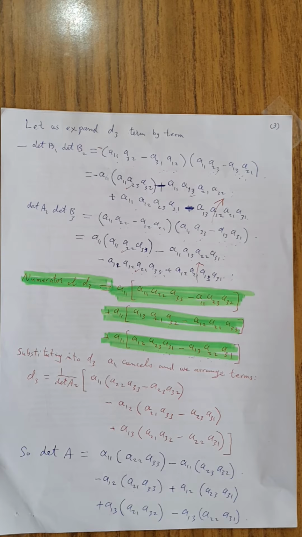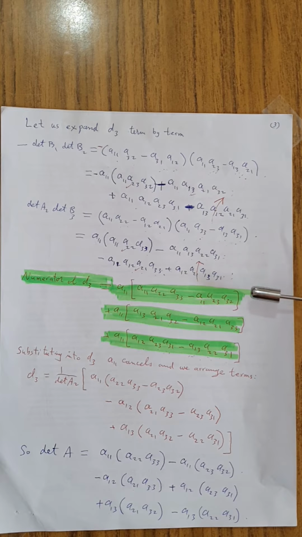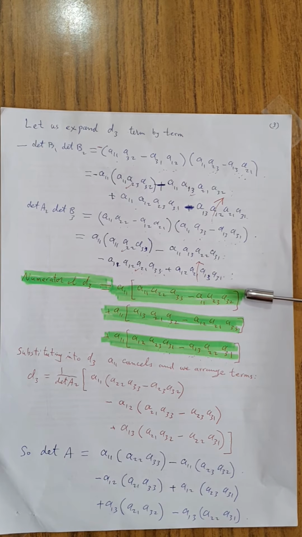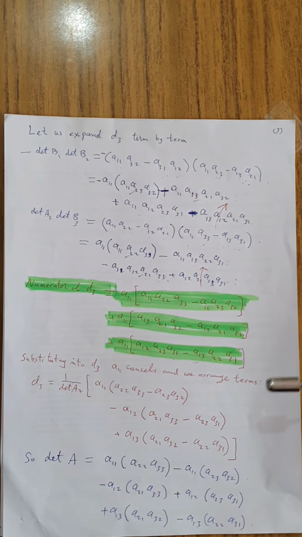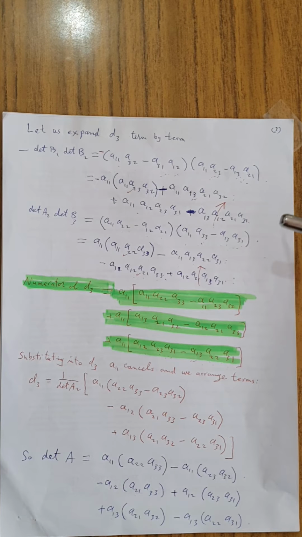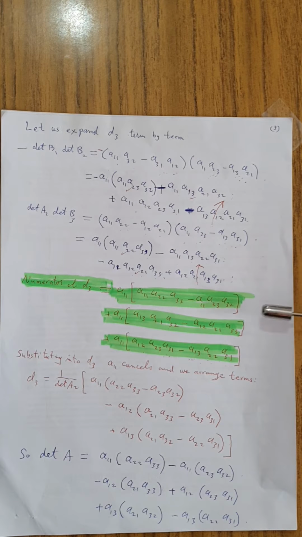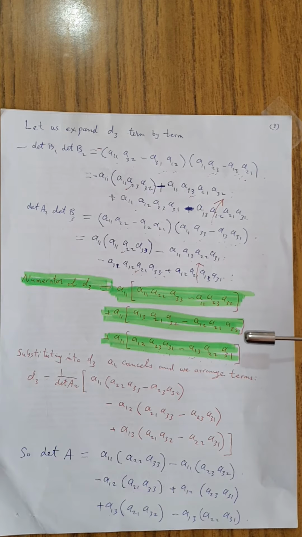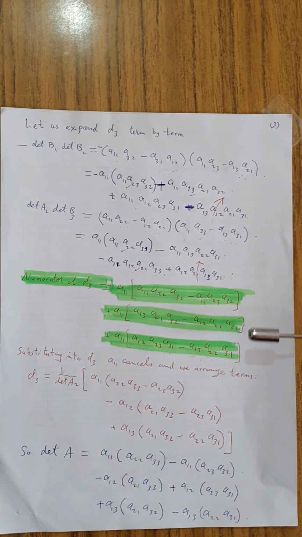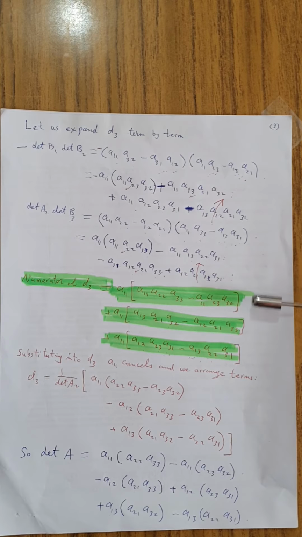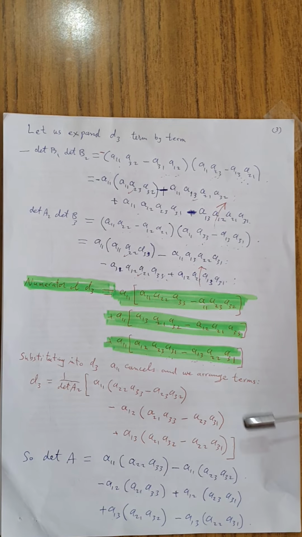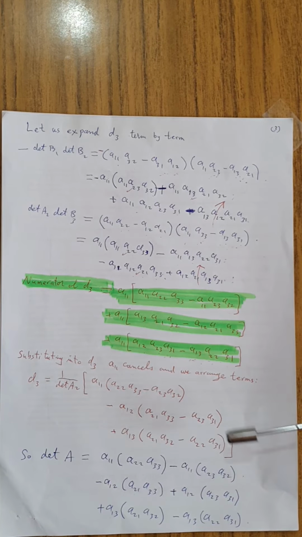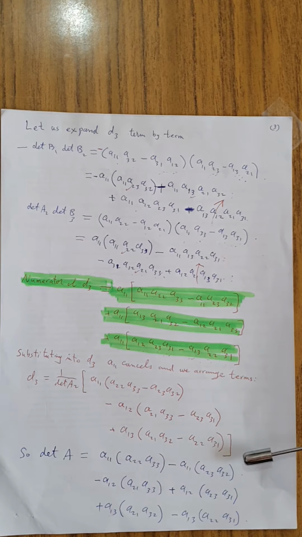So the numerator of D3 will be A11 times the determinant formed by deleting row 1 and column 1, and then A12, then A11 times another determinant. Now if we divide by A11, D3 is now 1 over determinant A2 times this.